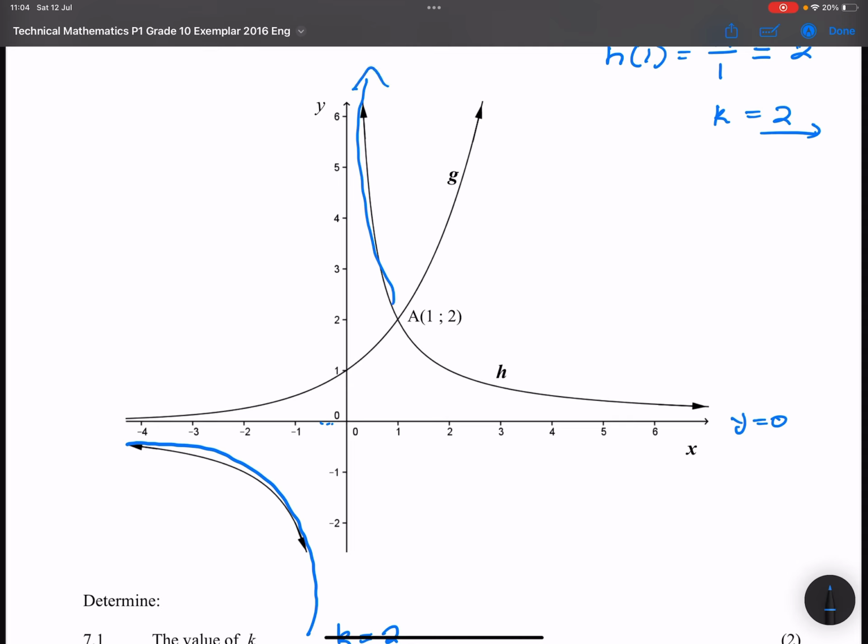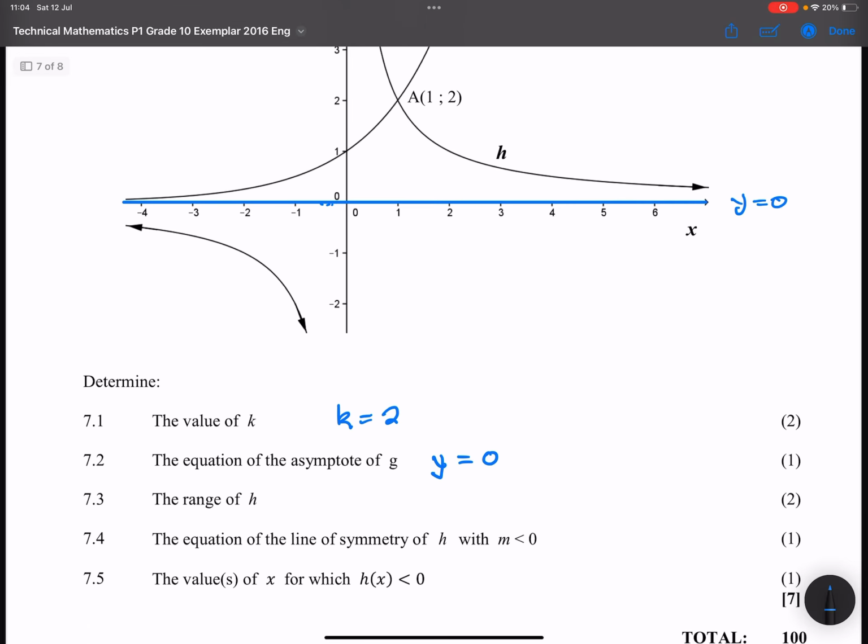But where the graph does not exist vertically is on our asymptote where y is equal to 0. That is the horizontal asymptote. So we can say y is an element of real numbers. For all real numbers of y it exists. However, y cannot be equal to 0. I hope that is clear.